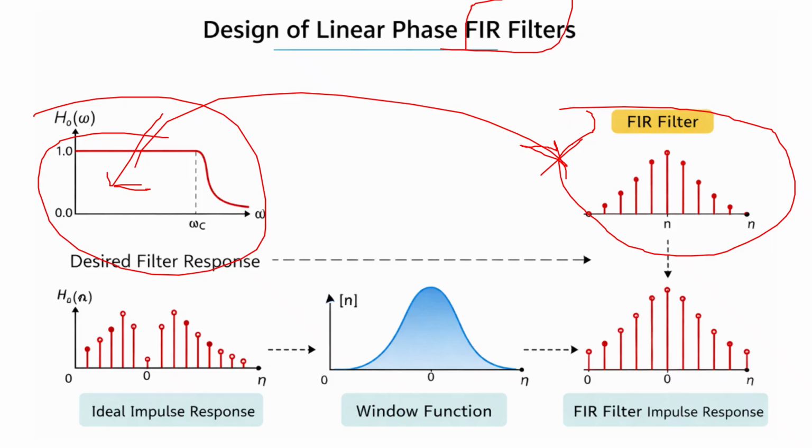So in order to do so, we are going to combine multiple impulse responses, and then we will finally have the FIR filter. This is the technique. We are going to use this impulse response, and also we'll see how we can design the FIR filter using the window technique, right?